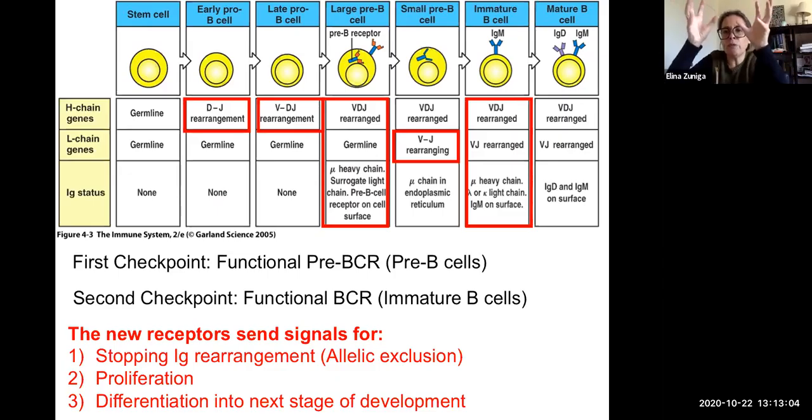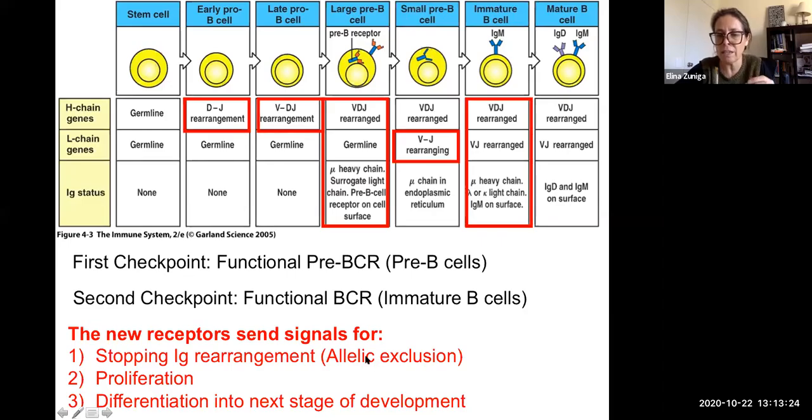And that seems to be enough to induce signaling downstream without any antigen, just the expression of the receptor without seeing any ligand. That's enough to induce signaling downstream that will lead to a stop of immunoglobulin rearrangement with allelic exclusion.